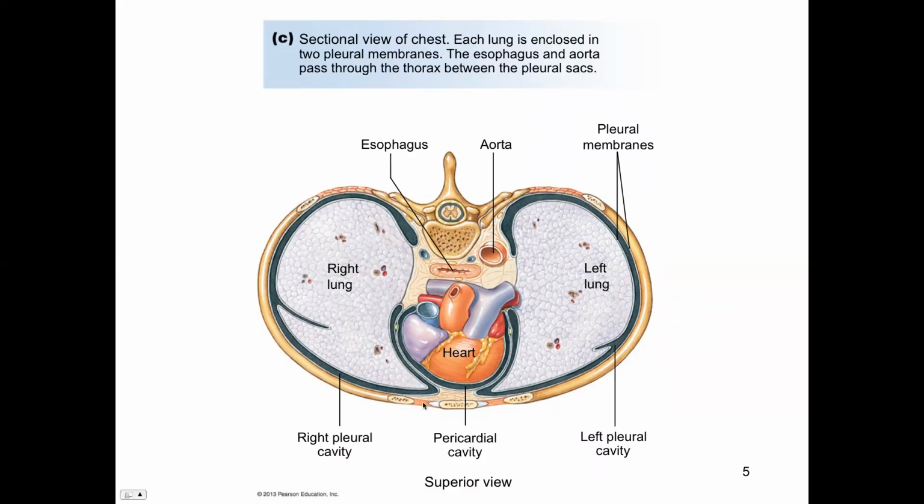But we also have the 2 pleural cavities, and as such, they're surrounded by the double serous membrane, the internal of which is called the visceral pleura and the outside, the parietal pleura, all right? And in between these layers, we have the fluid, because it is a serous membrane, so it's making that watery fluid that keeps this all supple, and it reduces friction as the lungs expand and contract.